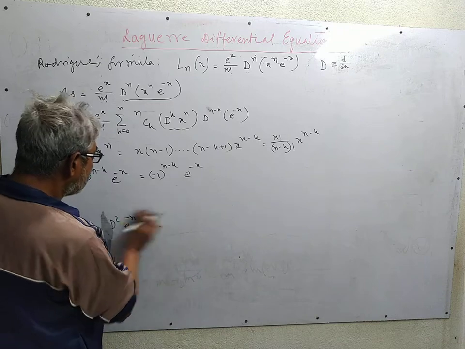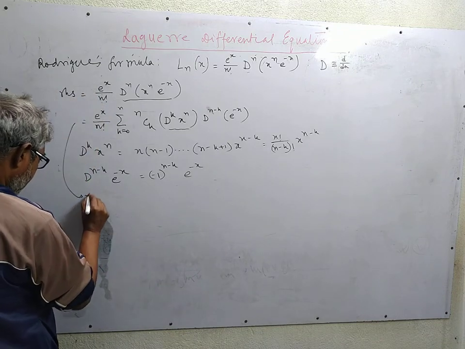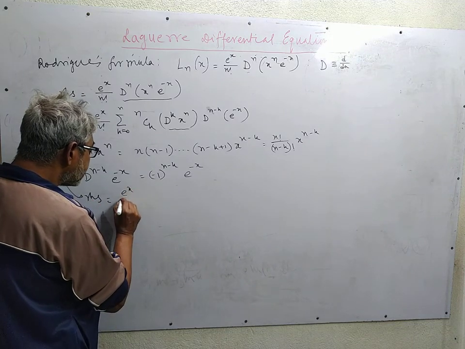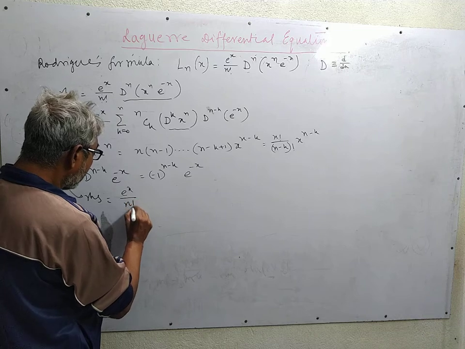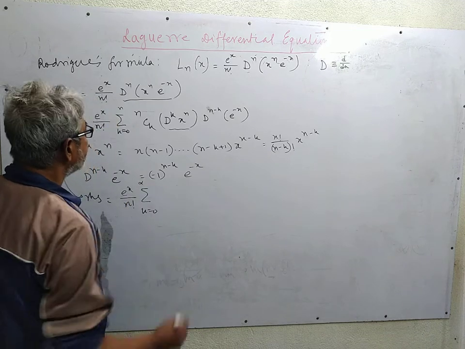So if we plug this into this equation, the right hand side is equal to e^x by n factorial, summation over k equal to 0 to n.